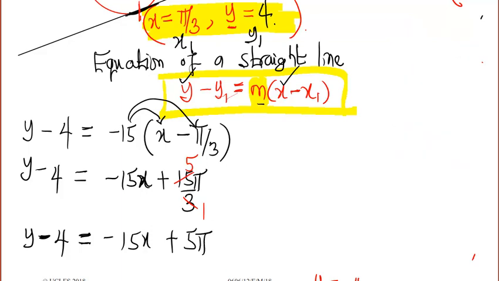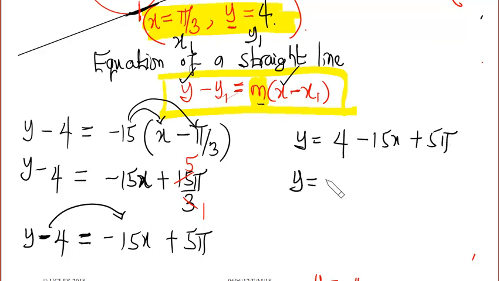Now we can decide to transfer negative 4 to the right hand side of the equation. That turns to plus 4. So y equals 4 minus 15x plus 5 pi. Now y equals 4 plus 5 pi minus 15x. This is the required equation of tangent or equation of straight line.